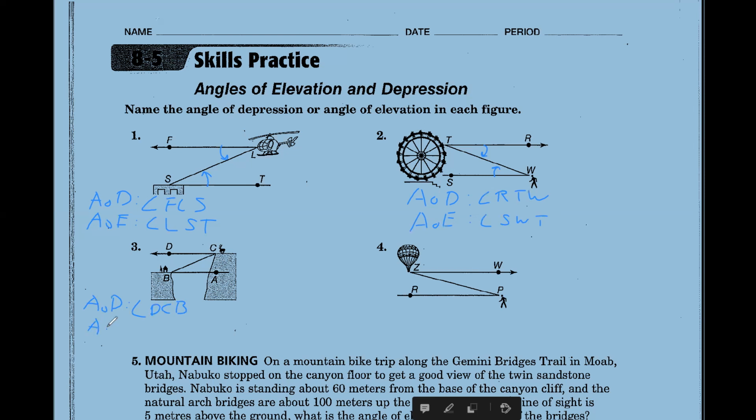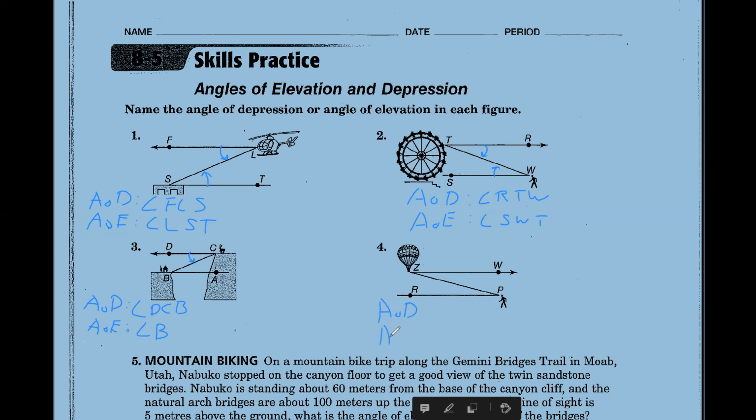And angle of elevation. So angle of depression on this one was the one coming down from horizontal top. Yeah, if you just want to call it angle C, that's fine too. Angle of elevation on this one, ABC, or here, I'm just going to label it 1 this time. Angle B, the only angle, so I can just use that vertex.